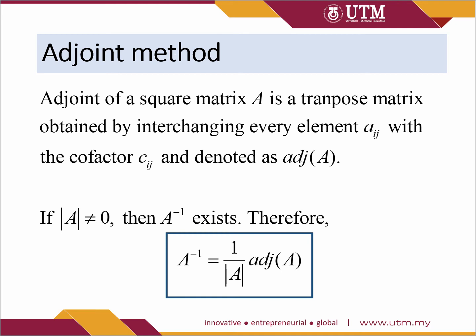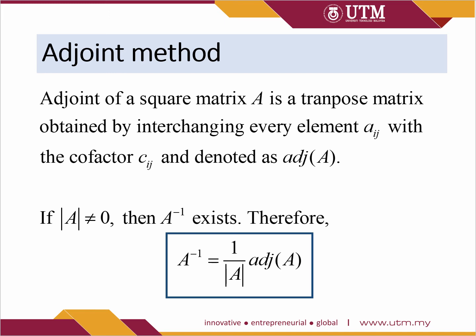The adjoint method uses a transpose matrix obtained by replacing every element Aij with its cofactor, denoted as Adj of A. Here we have a property: if the determinant of matrix A is not equal to 0, it means that the inverse matrix exists.